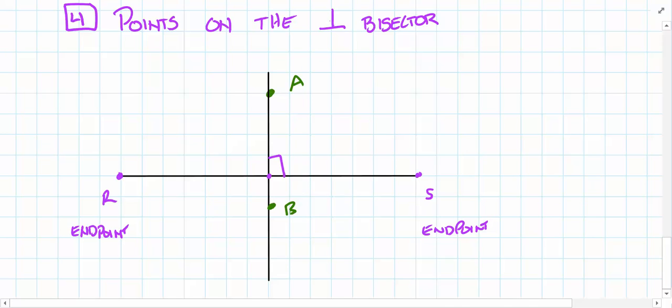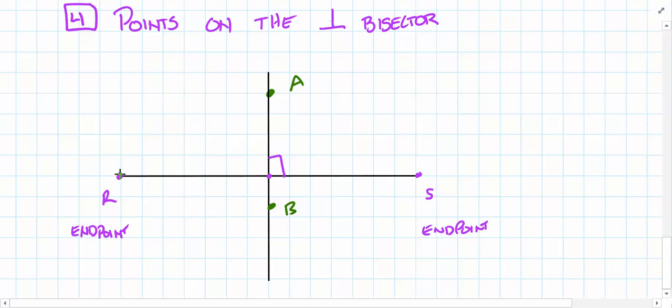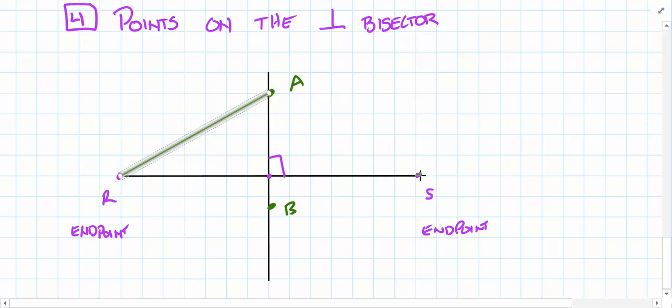Okay? It turns out that from the endpoint to my point A is going to be equidistant from the other endpoint to my point A. So those two are going to have to be the same distance. So any point, okay, I'll write this down for you.